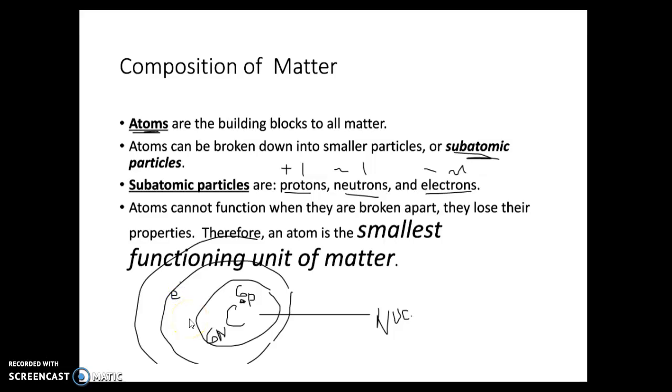And we know that atoms by nature are neutral. So if there are 6 protons in carbon found in the nucleus, we know that there are going to be 6 electrons found orbiting on the outside of the atom. So again, the center of the atom is the nucleus. That's where you're going to find the protons and the neutrons packed together. And then outside, orbiting and spinning and flying around the nucleus, we have these orbitals where the electrons live.